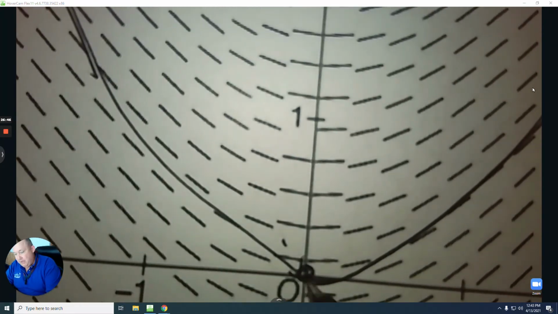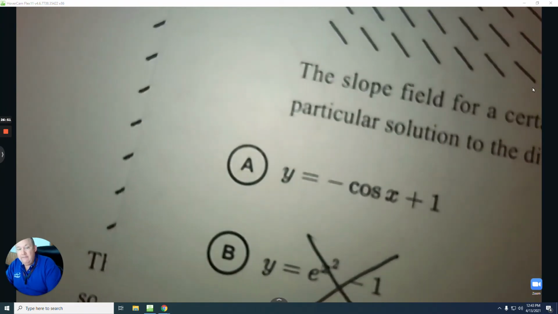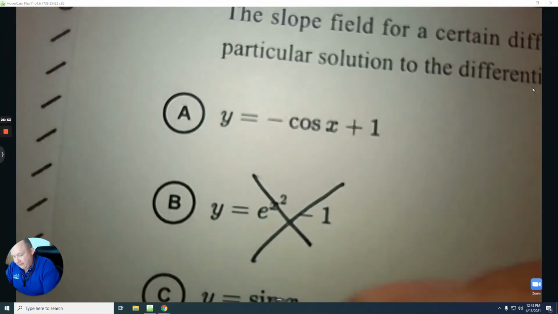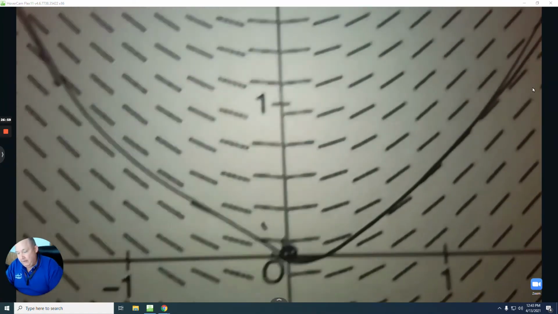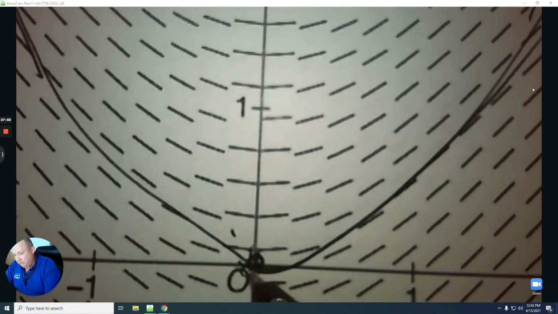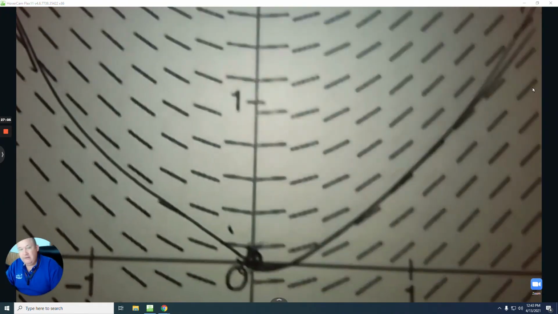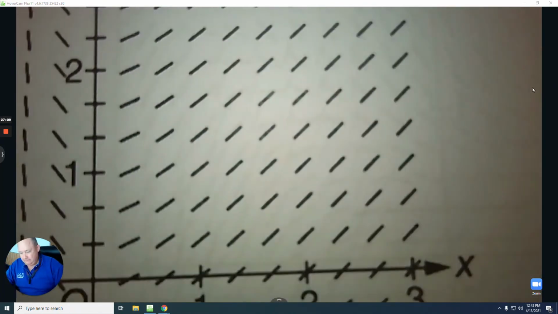Could I start at the bottom of the wave and continue from there? Maybe. Definitely not an exponential. Definitely not sine. Definitely not tangent. The only one that it could be is negative cosine, where negative cosine starts at the bottom of the wave. You added 1, so that's where it starts. And then you continue the wave from there. So the answer number 20 is A.